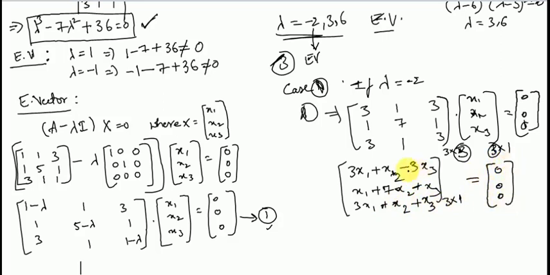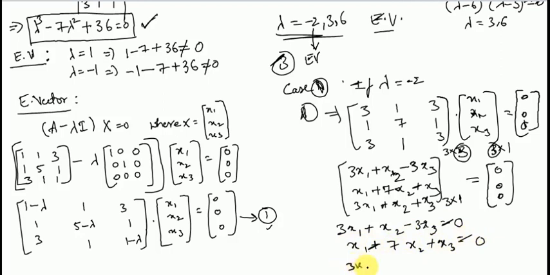Now you can equate these elements to 0 and you will get 3 equations: 3x1 plus x2 plus 3x3 equals 0, x1 plus 7x2 plus 3x3 equals 0, and 3x1 plus x2 plus x3 equals 0.